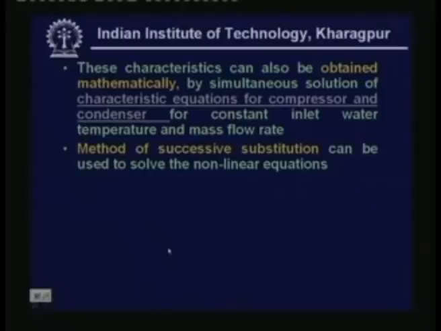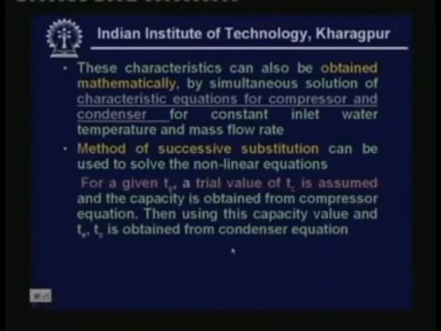We use what is known as the method of successive substitution to solve these nonlinear equations. First, for a given evaporator temperature we use a trial value of condenser temperature. Then using the compressor characteristic equation, from the given evaporator temperature and the trial value of Tc, we can find out the capacity. Then we use this capacity and the evaporator temperature to find the condenser temperature from the condenser characteristic equation.